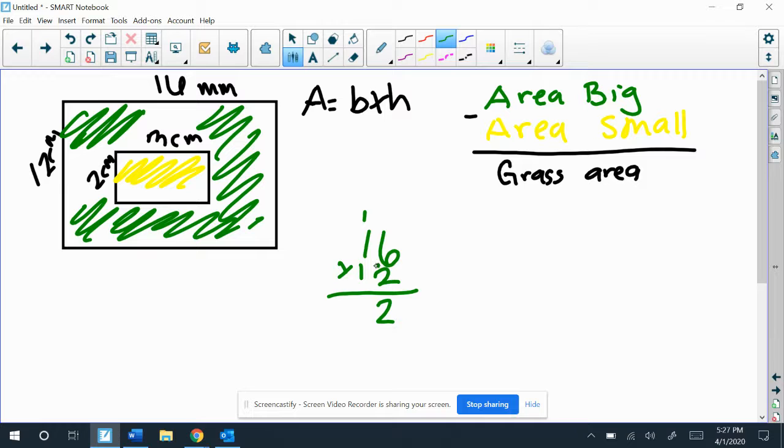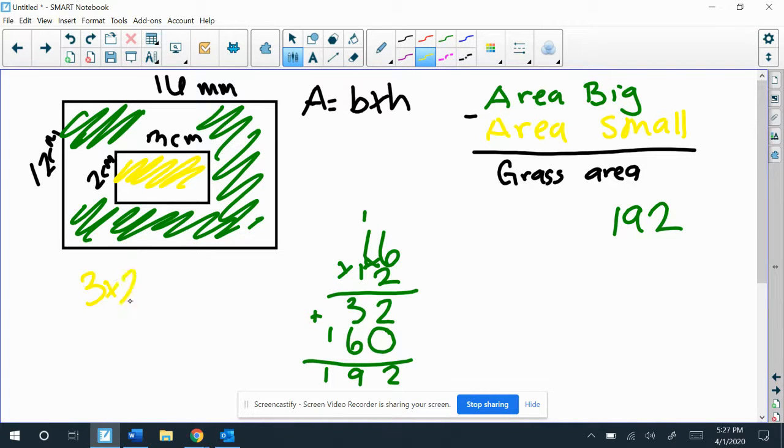Regroup. 1 times 2 is 2, plus 1 is 3. Then put my place value 0, crisscross. 1 times 6 is 6. 1 times 1 is 1. Add these up, we get 2, 9, 1. So our big area is 192.